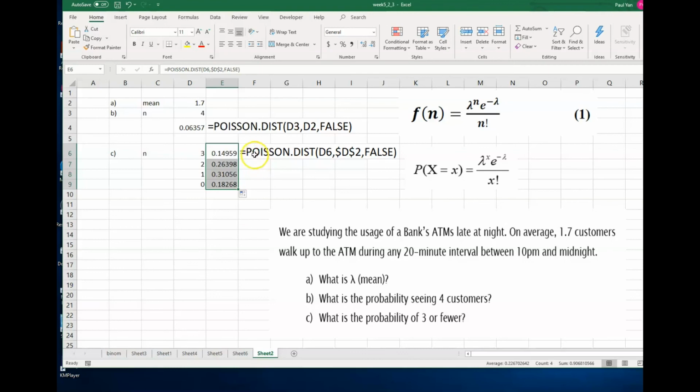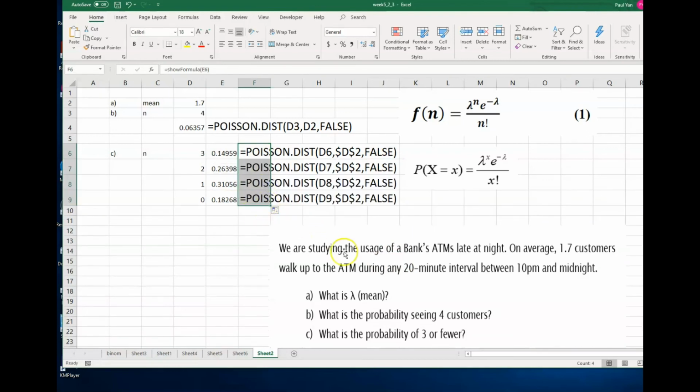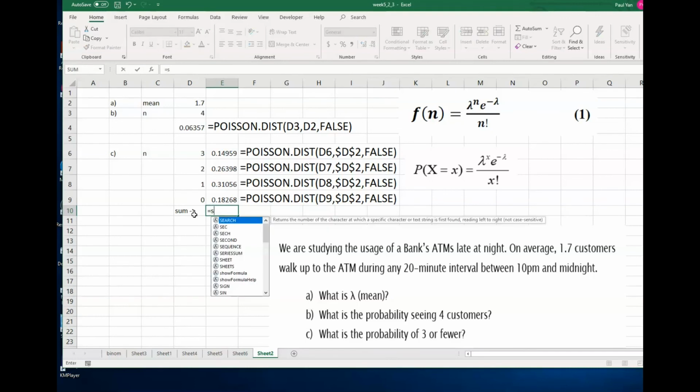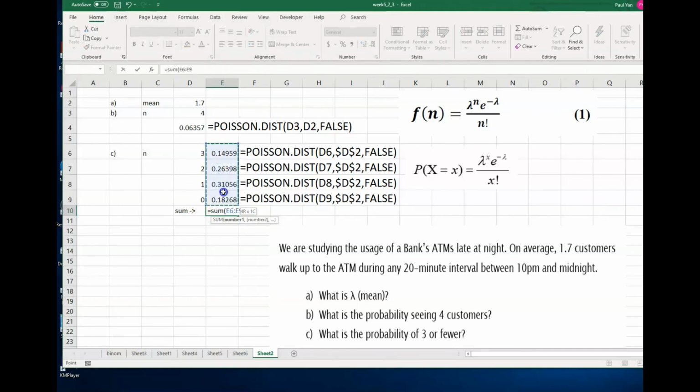We got this result. Finally, this is our summation. So equal SUM, and we add them together. So we have 90%. Wow, we have 90%.